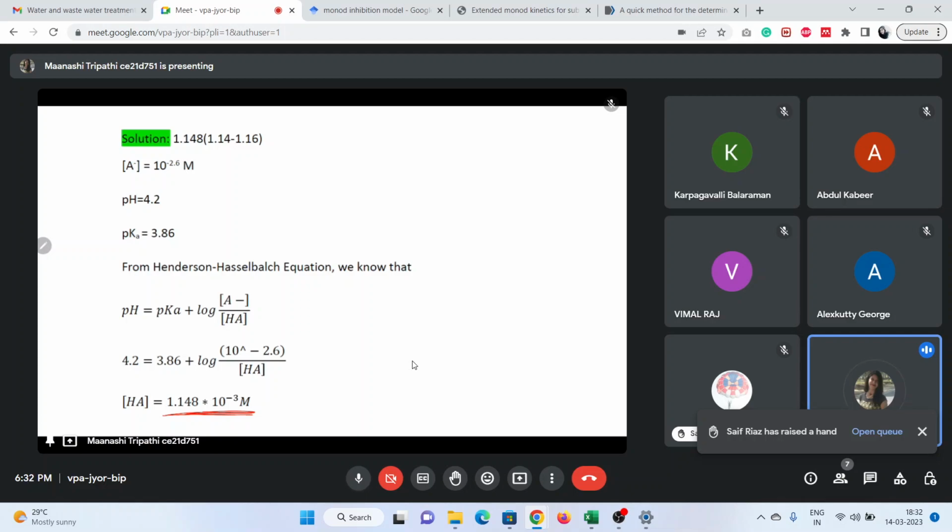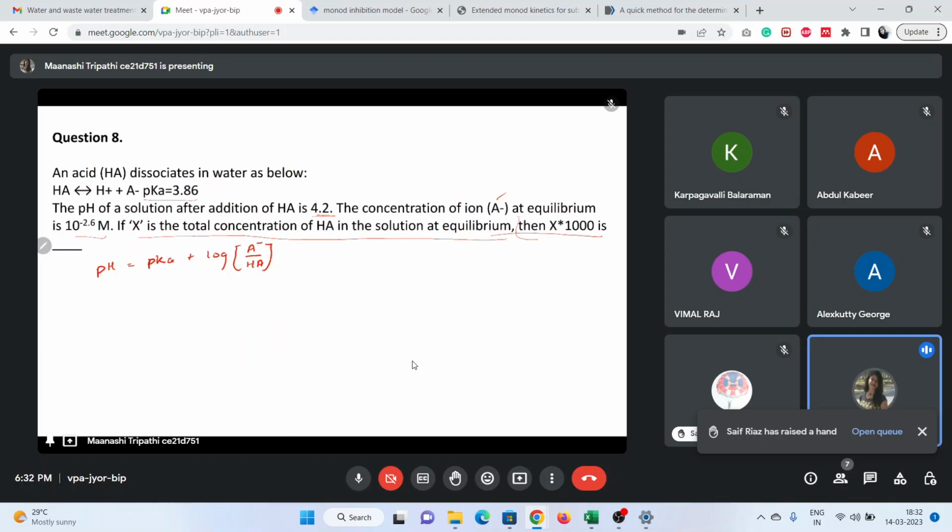Your answer is correct. We know how much A negative is there. It's in equilibrium, so everything is in equilibrium. We know pH, we know pKa. We just have to put these in the equation, and here we get the solution for HA. The question says to multiply it by 1000, because during the examination the computer will be checking your papers.